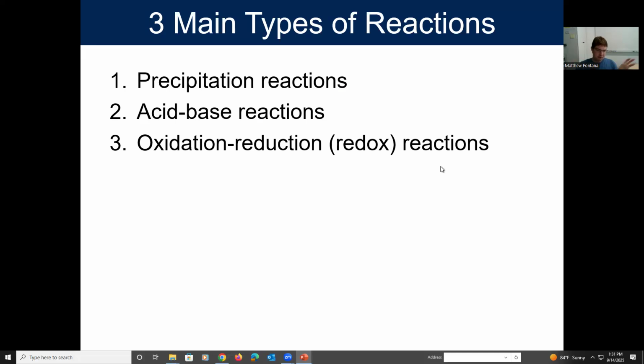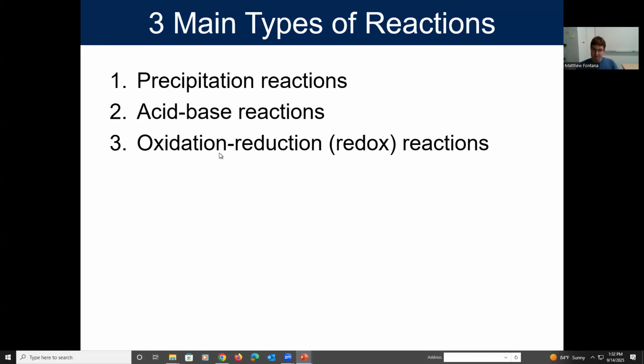That's going to be near the end of this total chapter. Precipitation reactions, we'll give some time talking about today. We'll give an introduction to acid-base reactions, but in Chem 3B, we'll have a full chapter or more on acids and bases.